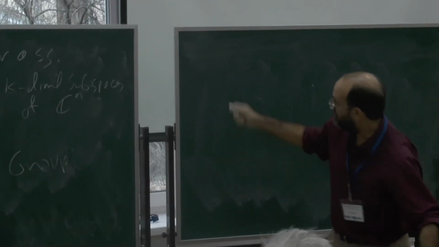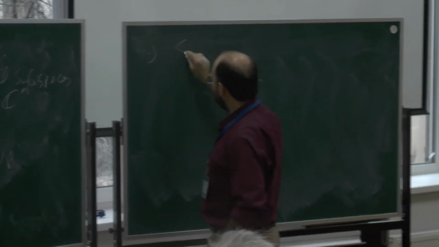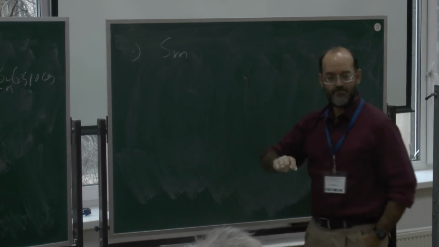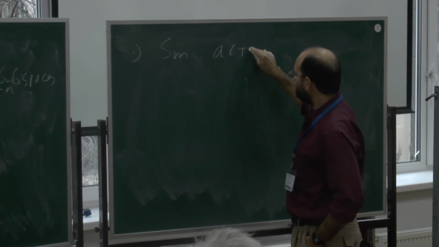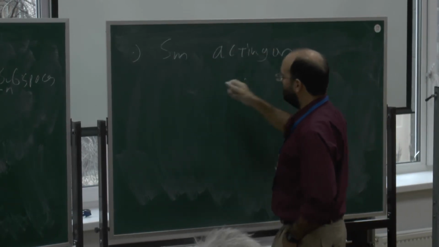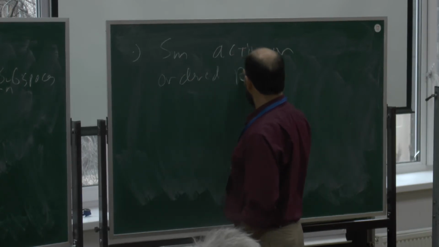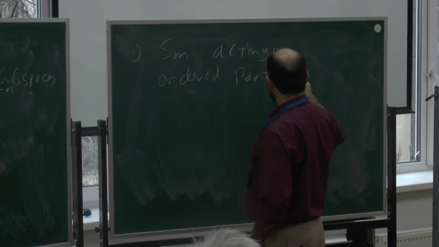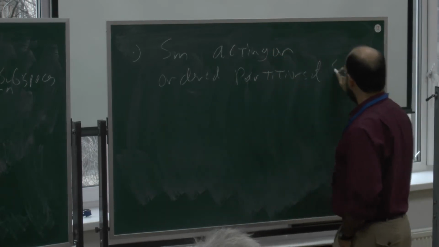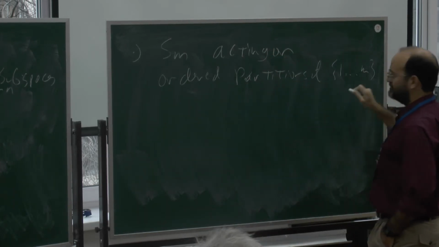So, okay, first of all, it's either the symmetric group of m letters acting on some ordered partitions of the numbers 1 up to m.